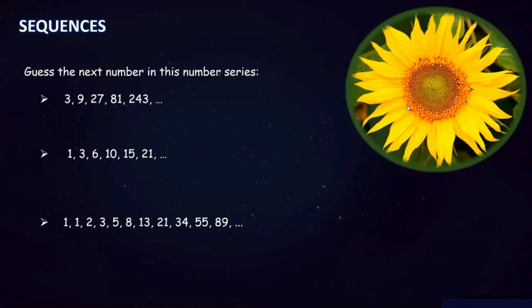If you look at this diagram, the sunflower. As you know, sunflowers are more than just beautiful. They're also a mathematical marvel. See the pattern of seeds within a sunflower. This pattern follows the Fibonacci sequence, right?